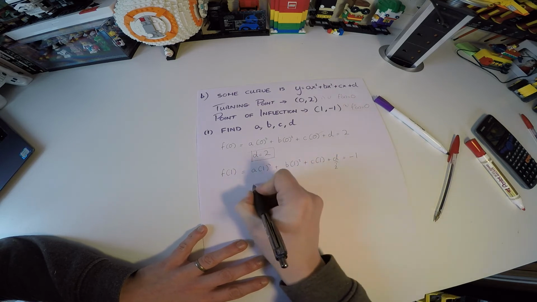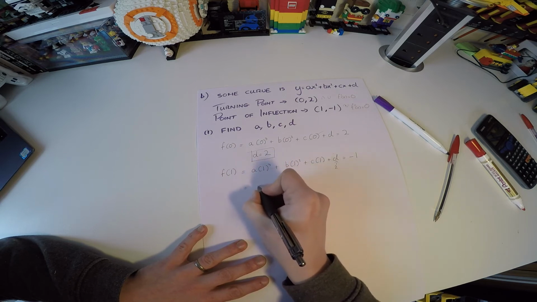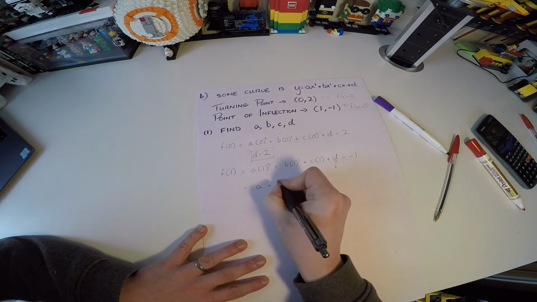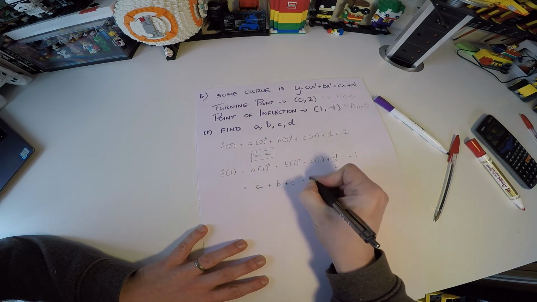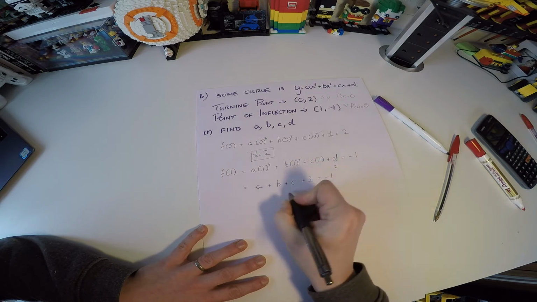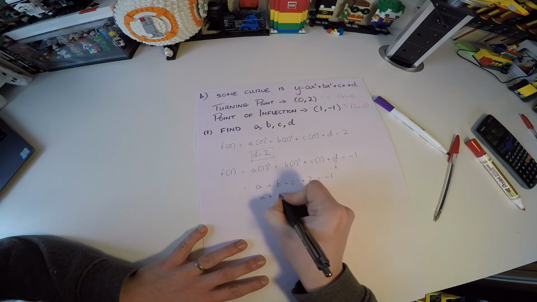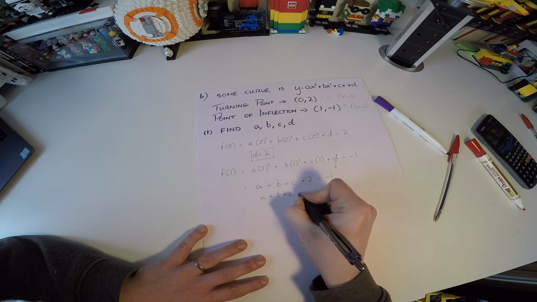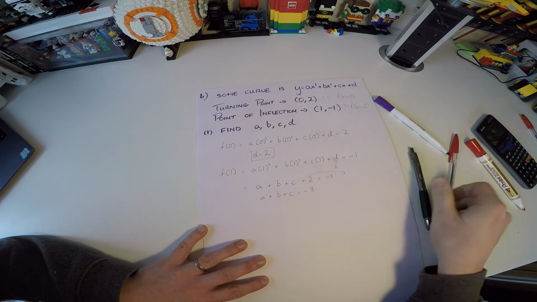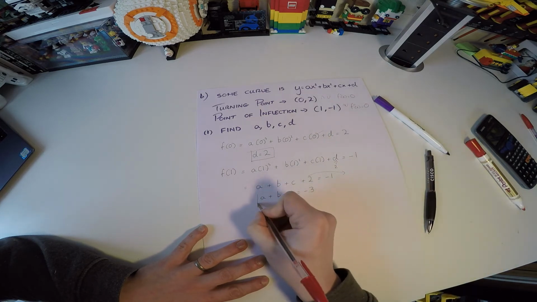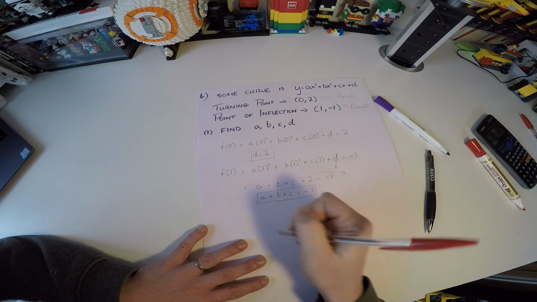So let's tidy this up. 1 cubed is just 1, 1 squared is just 1, 1 times c is just c, and d being plus 2, that's equal to minus 1. Therefore a plus b plus c should be equal to, when the 2 comes across, it becomes a minus 2, minus 3. So there's another equation we can make.